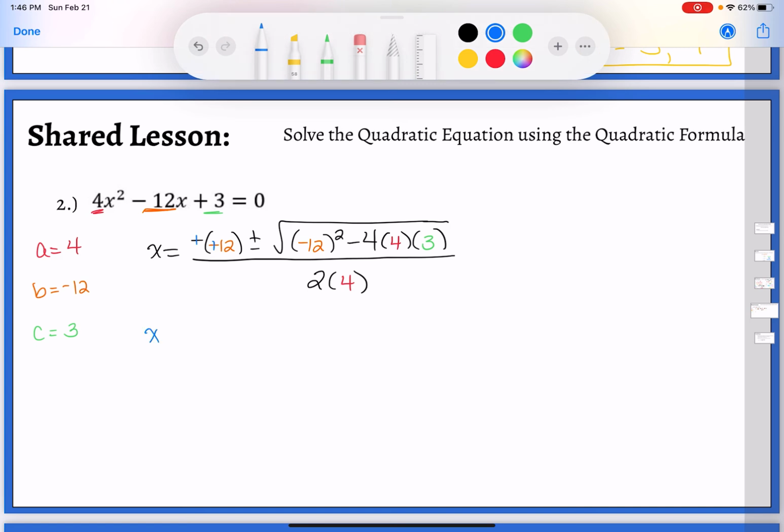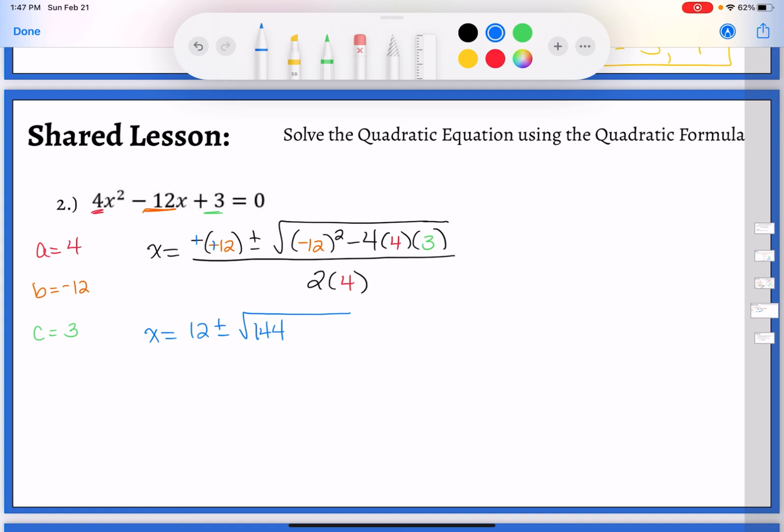Okay. So, all right, two negatives here. When I start simplifying, I get x equals 12 plus or minus, big square root here, negative 12 in parentheses squared. Remember, after you square, it's always positive. So negative 12 squared is positive 144. Should never have a negative answer for that part. Now I've got negative 4 times 3.